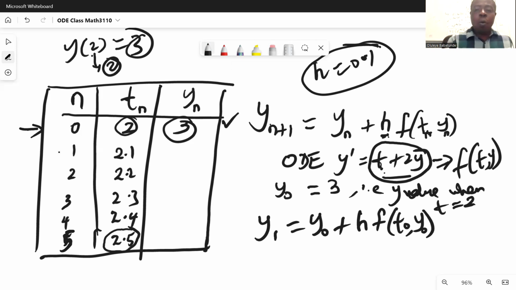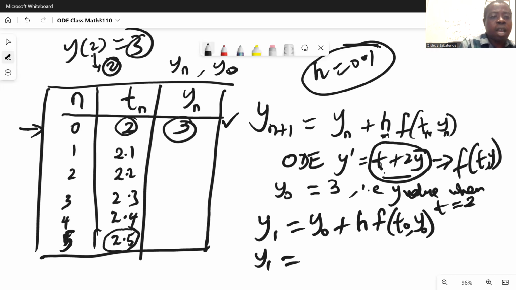Now, for everything on the right side, we already have values. When your n was 0, that's your y naught, and the value of y naught at this point is 3.